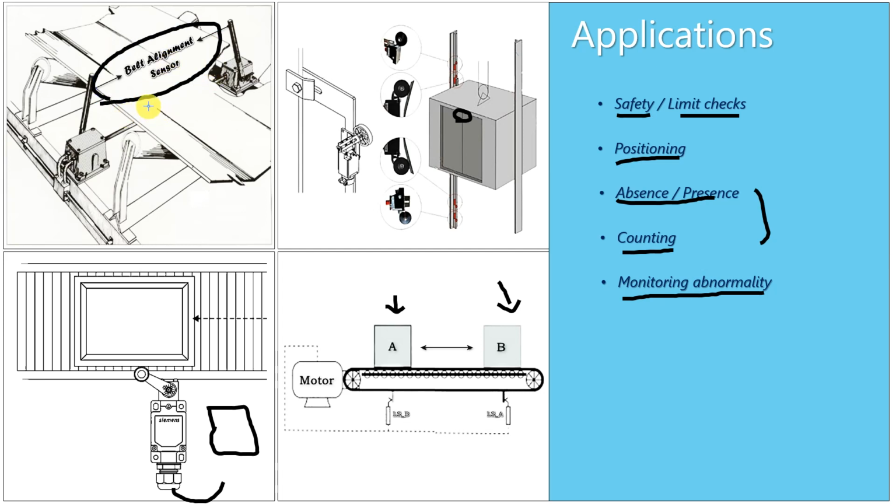If the belt tries to move to the left side, it is going to trigger this limit switch, and this in fact is going to actuate a piston, which is going to push the belt back to its original position. Similarly, if the belt goes out from this side, there must be another actuator on the other side that will do the same. So these are some of the applications that you are going to find in an industrial environment.